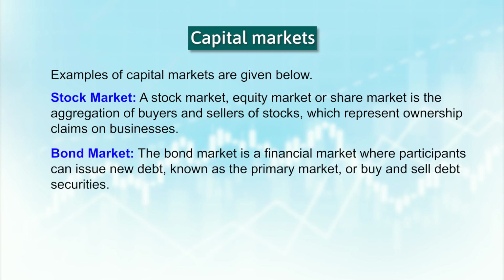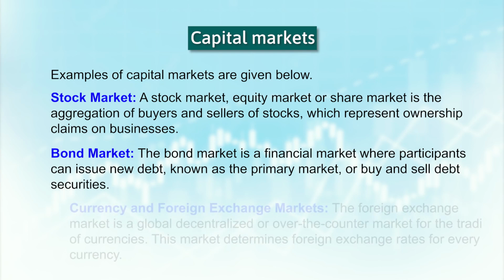On the other hand, we do have the bond market, which also is an integral part of the capital market. The bond market is a financial market where participants can issue new debt, known as the primary market, or buy and sell the debt securities.